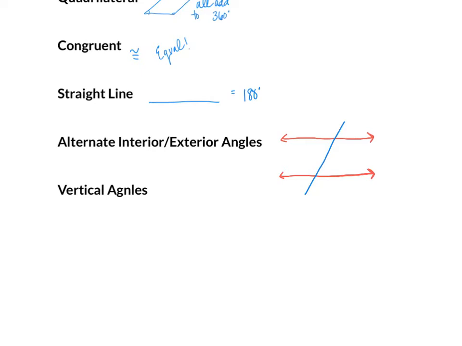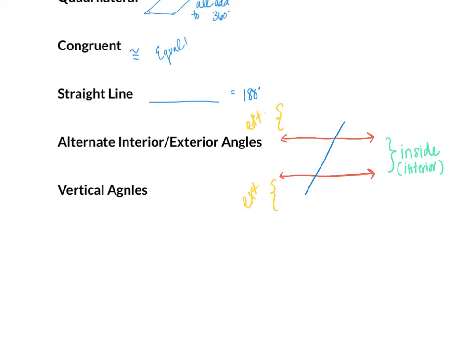Now when this line cuts them, it forms angles on the interior, or the inside of those parallel lines, and it also forms angles on the exterior. So this is the exterior, or the outside, and then this would be the exterior up top too, on the outside of those parallel lines, okay?